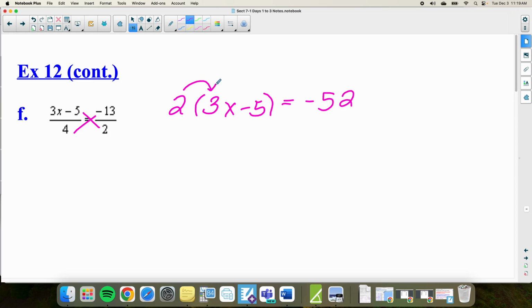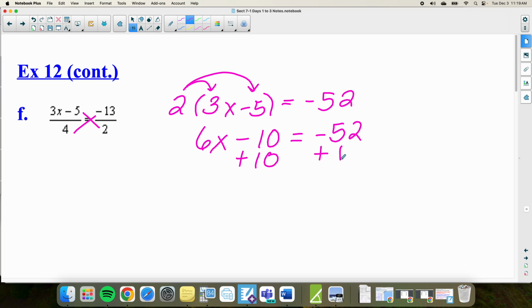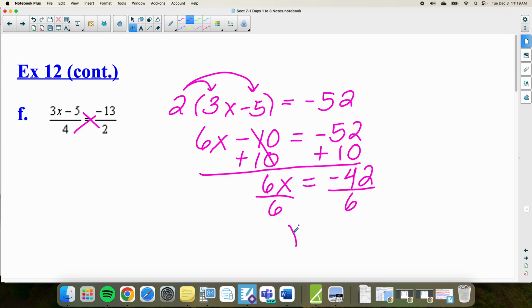Now I'm going to distribute. 2 times 3x is 6x, minus 2 times 5 is 10, and that equals negative 52. Then I'm going to bring my 10 over, and I get 6x equals negative 42. Divide by 6, and x is negative 7.